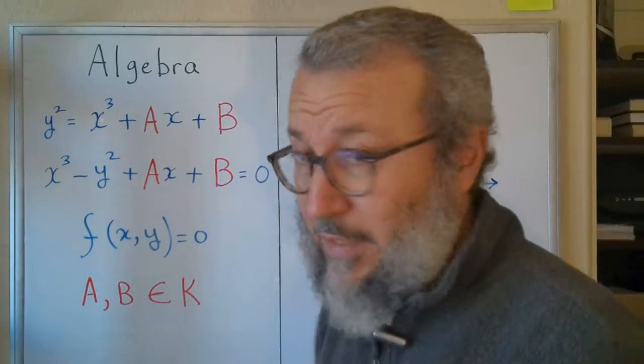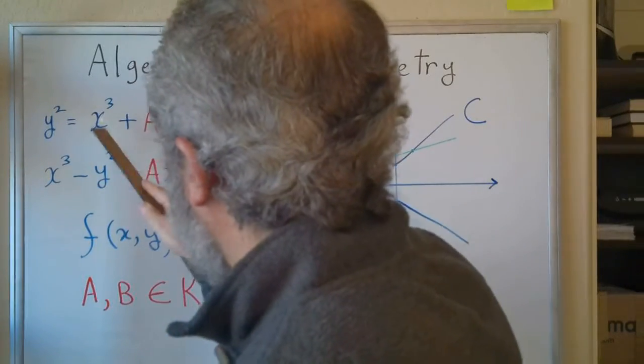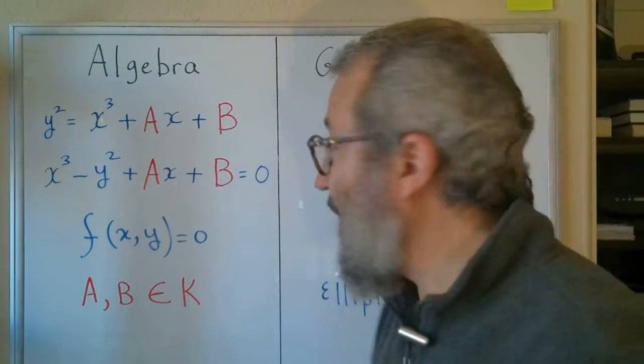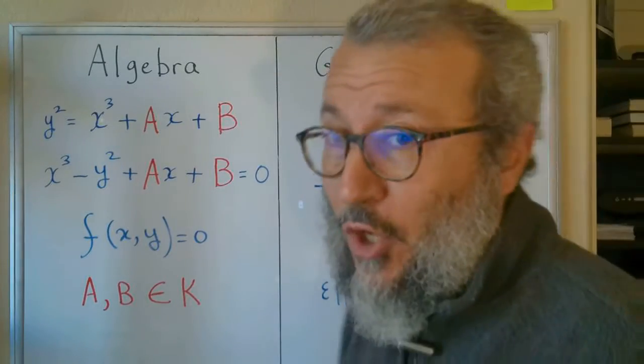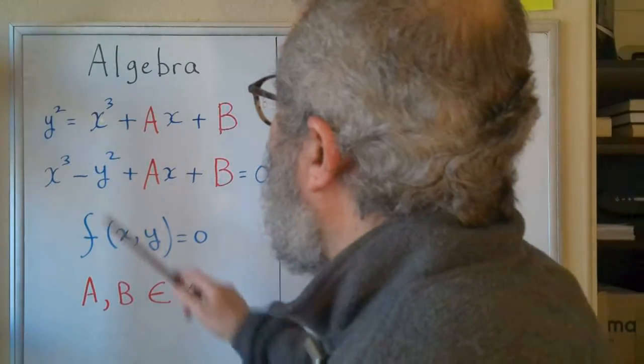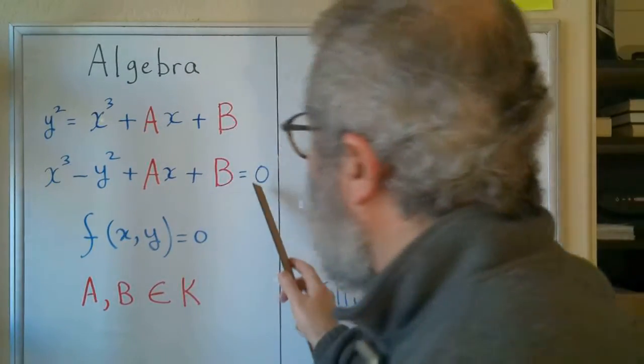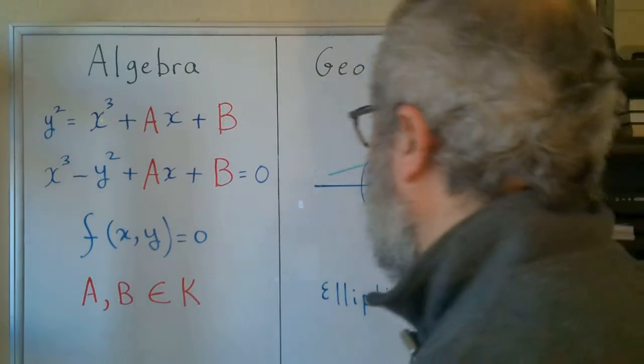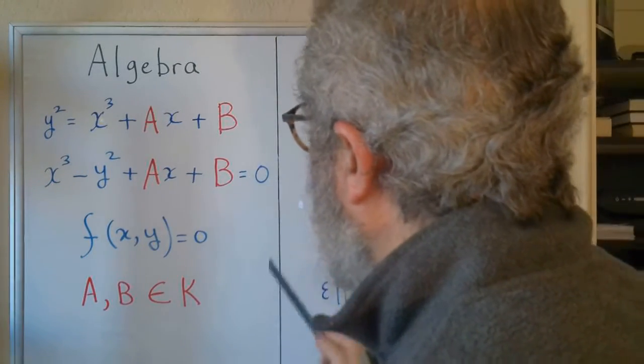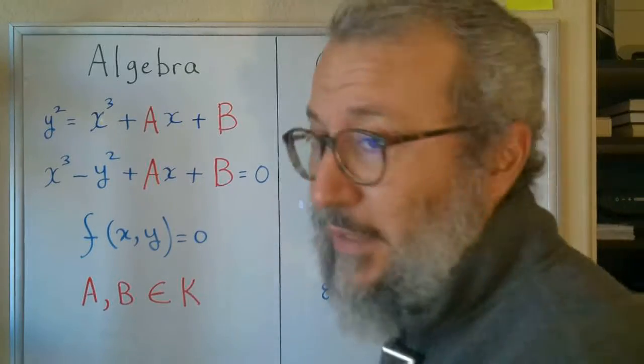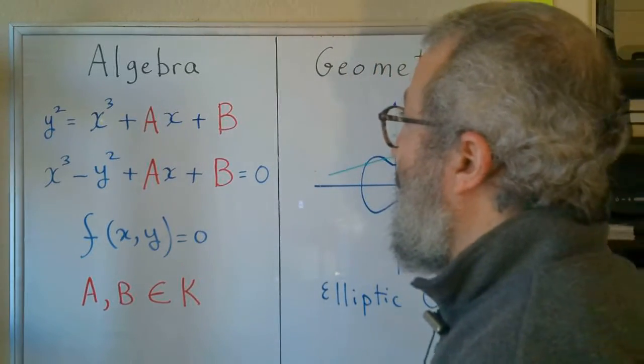Here we're using x and y. So you see y on one side and all the x's on the other side. Another common way to write an equation is to put everything on one side and the zero on the other side. I mean, even if you wrote any other constant, you can always move it and keep the zero on that side.